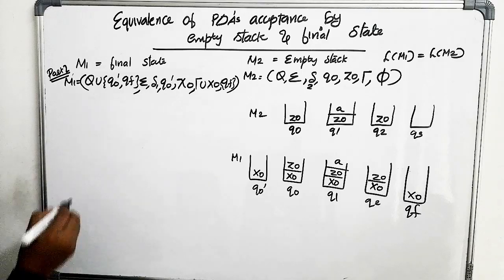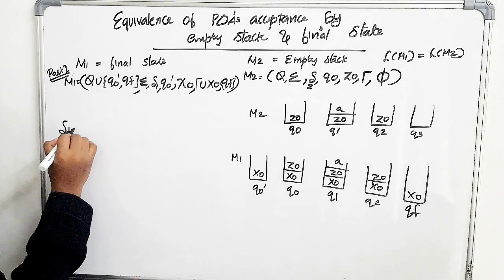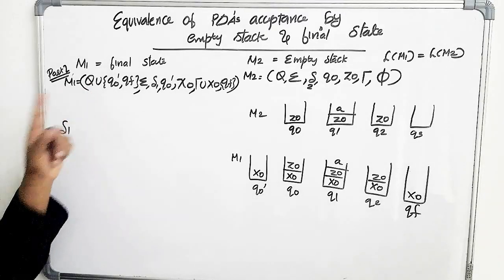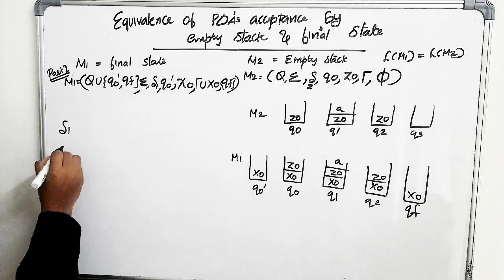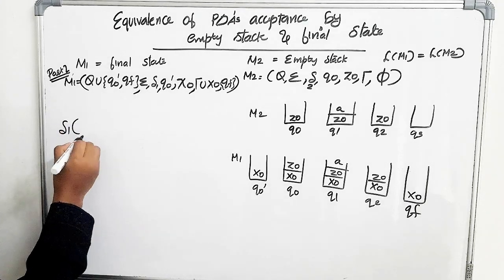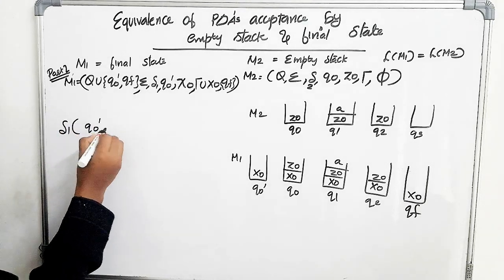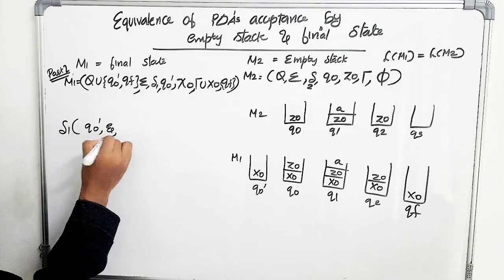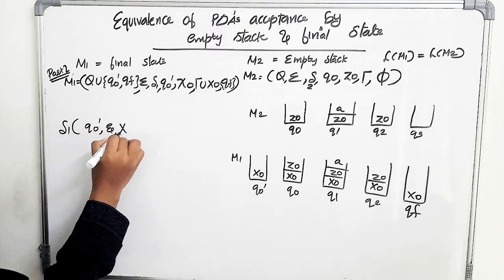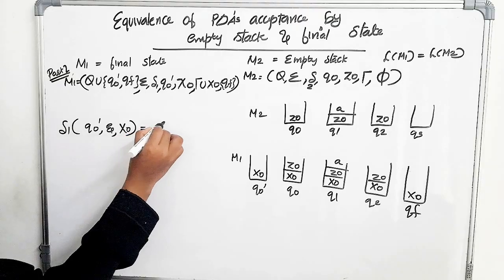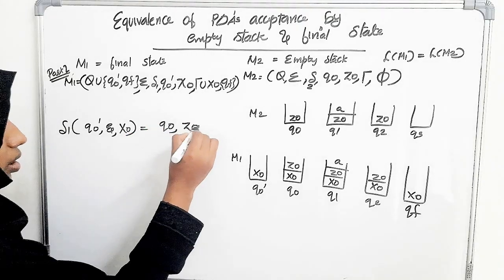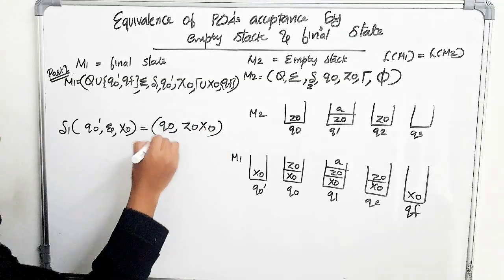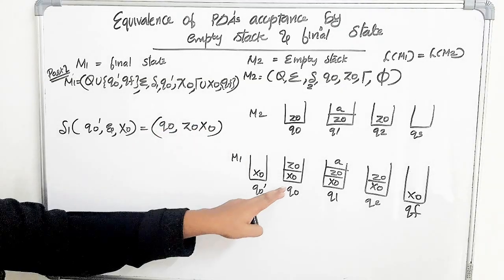So the transition functions for delta 1 can be defined as delta 1 of q0 dash, comma, without consulting any input at all. If X0 is on top of stack, it can go to q0 with Z0 inserted onto the stack. So this is the first thing that we did here.